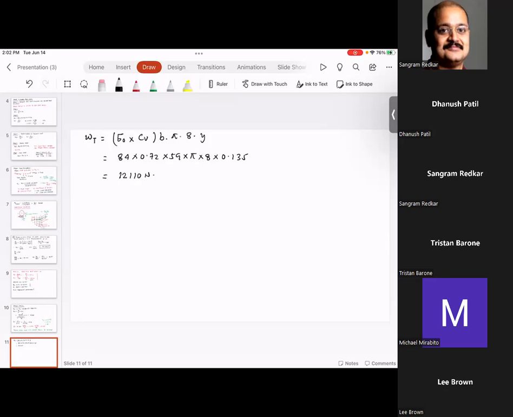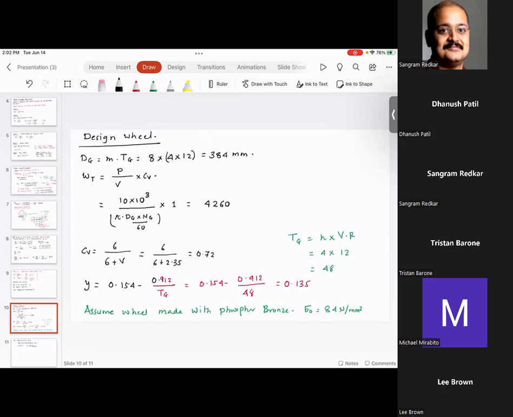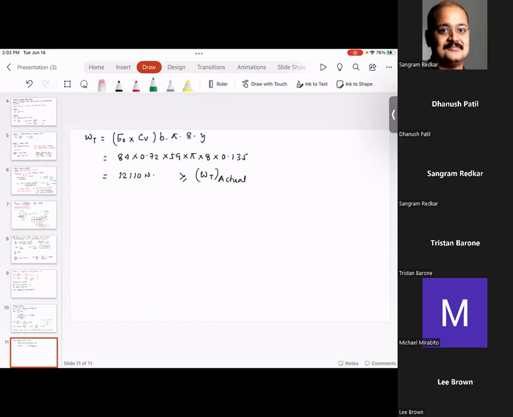Now, this WT is much greater than the actual WT, which we found out to be 4260. So what that means is this design is going to be safe.